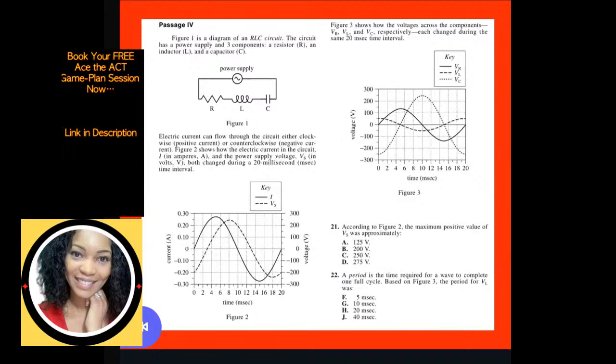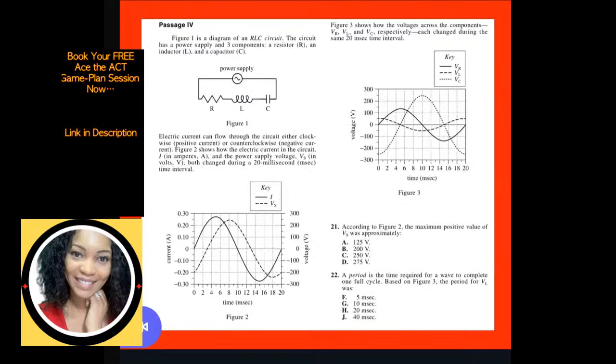And when you're working on these science questions, you're going to go direct to the question because the majority of the time, the question will direct you to where you need to be. Most of the time. Okay, so since we know that the question is going to tell us where to go and get the answer, then we're not going to waste time reading the directions or reading the passages before checking the questions. We check the questions first, and then we'll decide if we need to read based on what we see in the question. So with that being said, let's dive into the question from this past Monday, which is number 21.